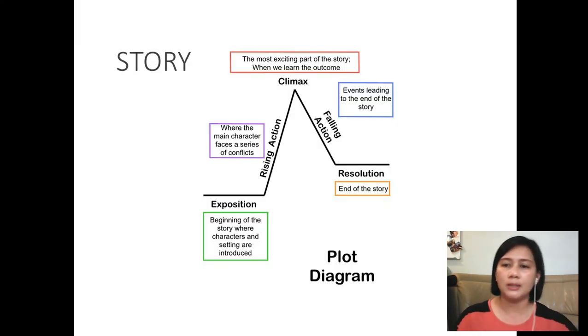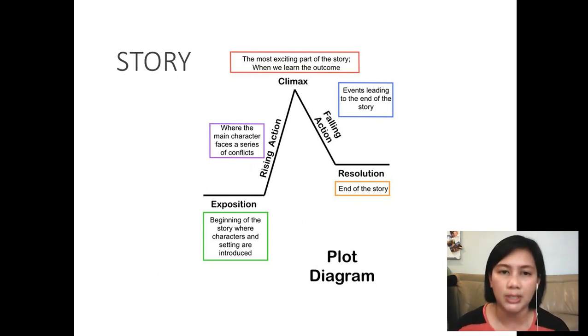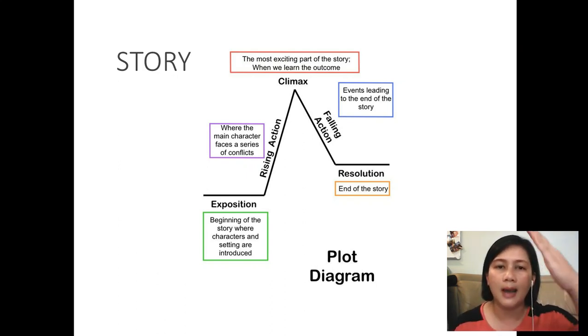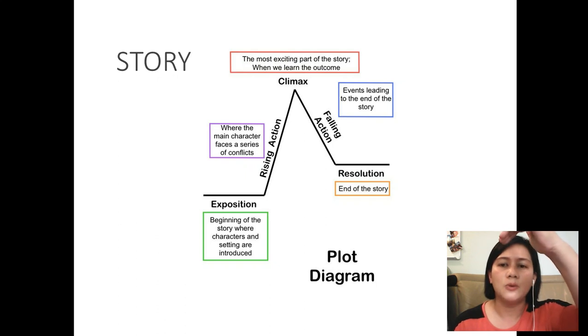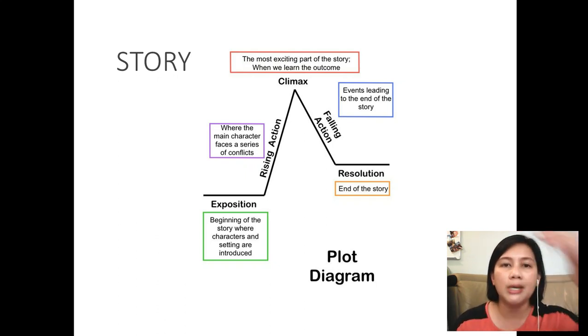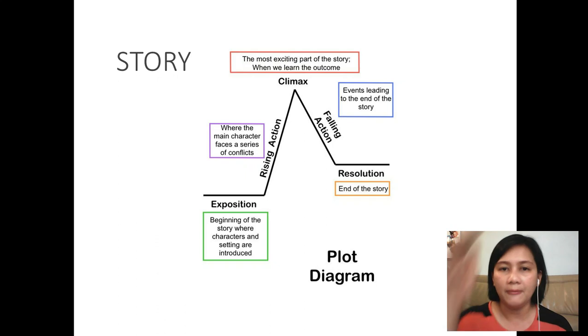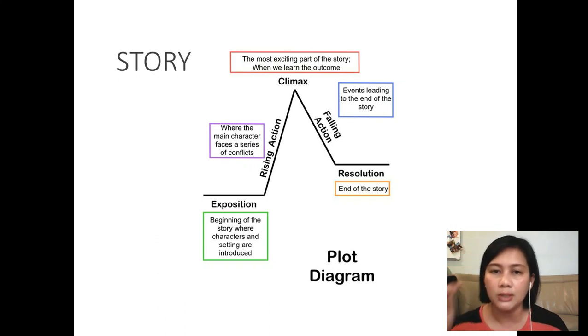So when you write a story, you need to have exposition, and then you have to rise up your story, rising action. The climax of your story means what surprise can you give people or your reader when they read the story. And then falling action means that you want to close the story, and the resolution means the story is ending.